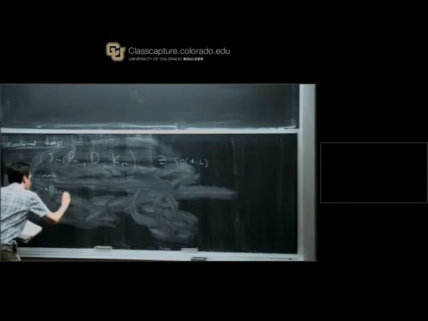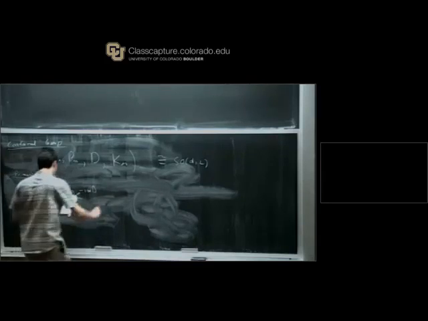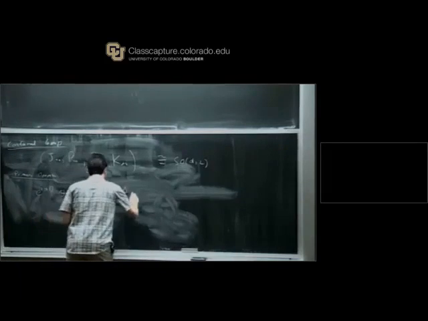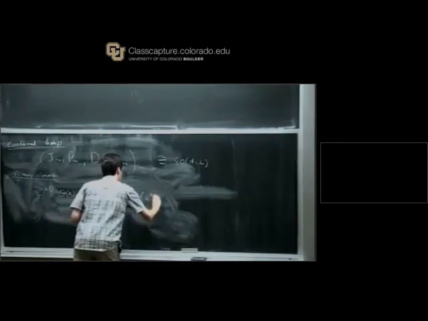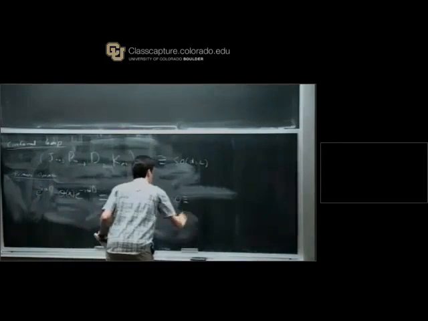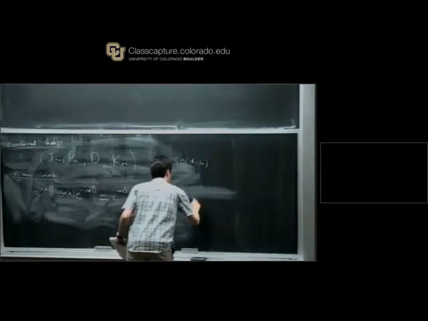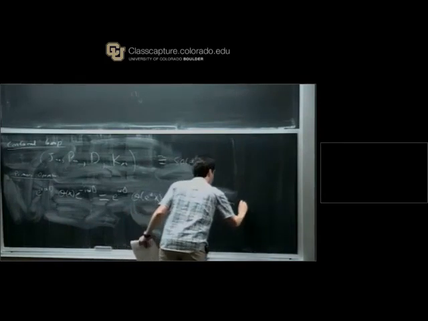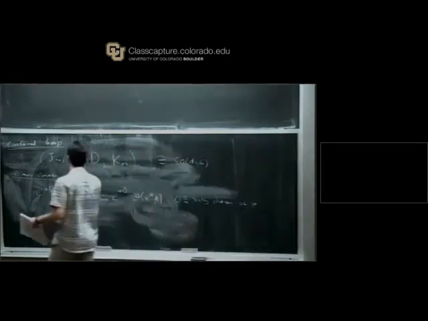Primary operators have two special properties in how they transform under the conformal group. First of all, if we conjugate a primary operator O of x by a dilatation, it rescales like e to the alpha delta O of e to the alpha x, where delta is the conformal or scaling dimension of O. Actually, this is true not just for primaries.